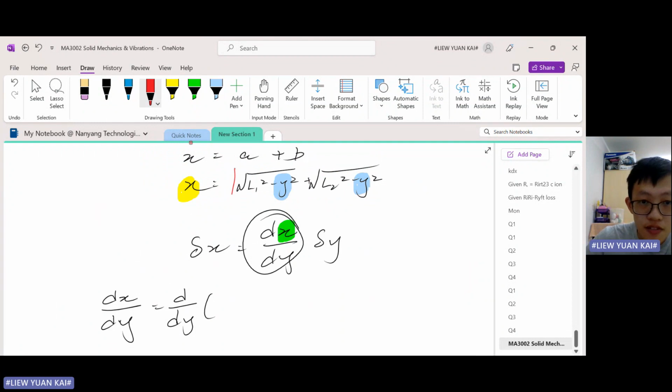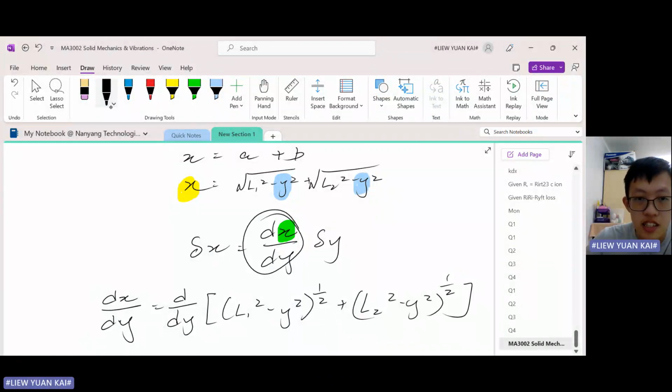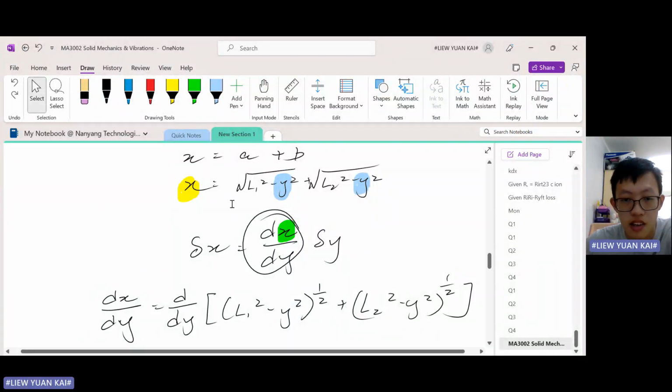Okay, so we need to differentiate this. So let me first write it as like this: L1 squared minus y squared to the power of half plus L2 squared minus y squared to the power of half. Okay, essentially I just changed the square roots to powers of half.